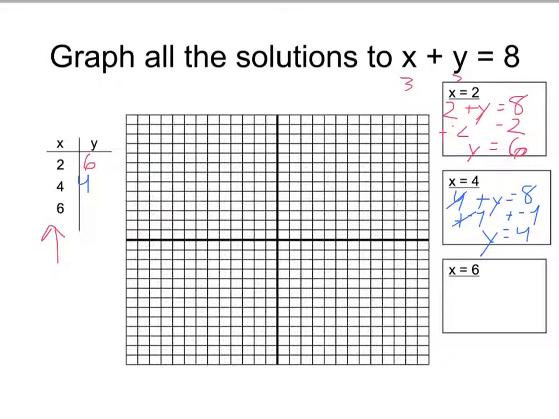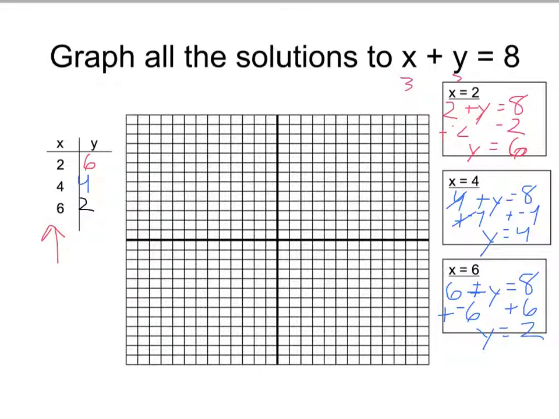And then the last one, x equals 6, going to plug that in. 6 plus y equals 8, so I'm going to add negative 6 to both sides. And we get y is equal to 2. So that's my third point. We'll do 6, 2 there.